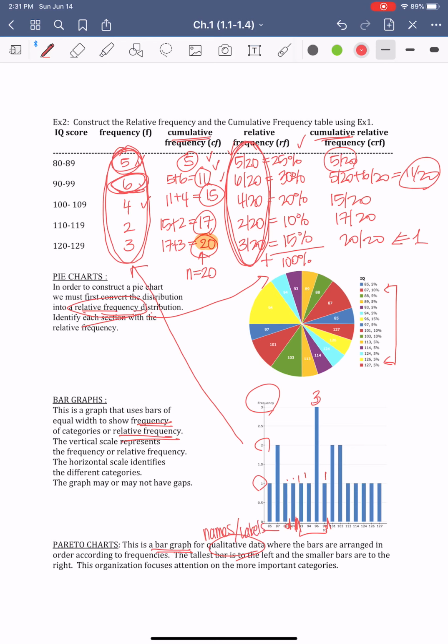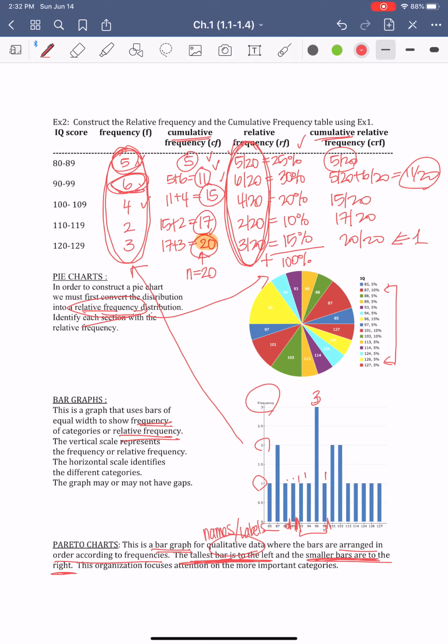And then there's one more thing involved. You are going to be arranging the order by frequency. So the tallest bar is on the left and smaller bars are on the right. Here's an example. I survey people and want to know the favorite color.